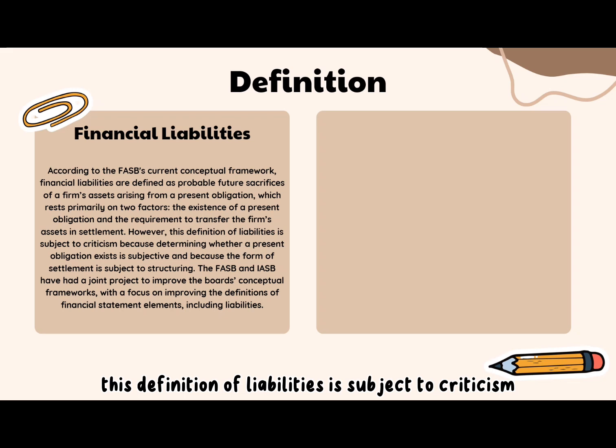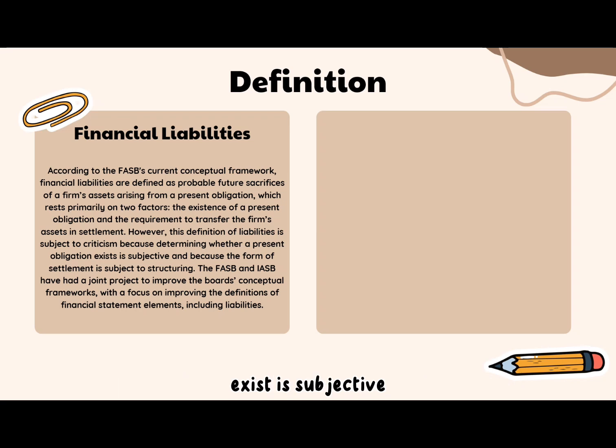However, this definition of liabilities is subject to criticism because determining whether a present obligation exists is subjective, and because the form of settlement is subject to structuring. The FASB and IASB have had a joint project to improve the board's conceptual framework with a focus on improving the definitions of financial statement elements, including liabilities.